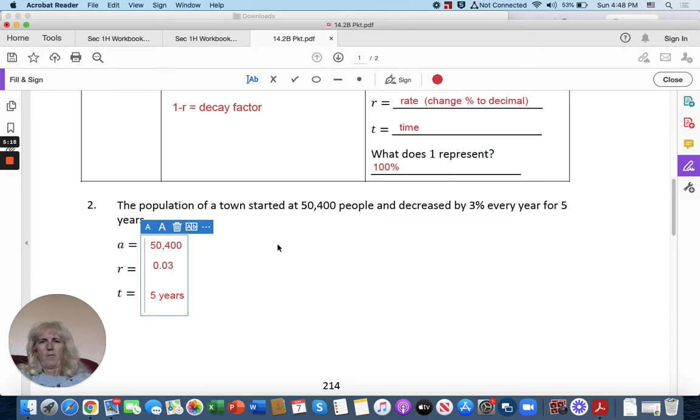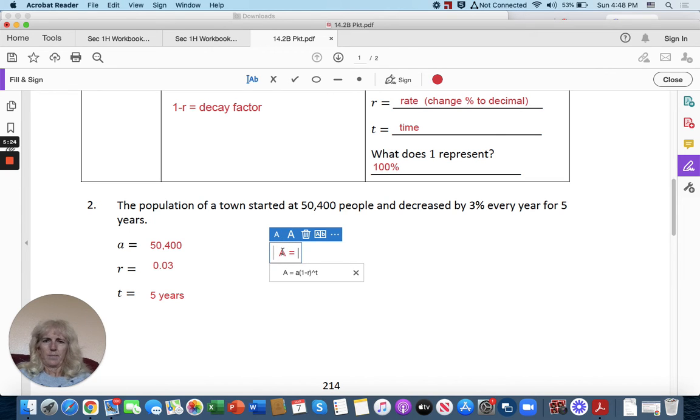So if we put that into our formula, we'll say the total amount will equal 50,400 times 1 minus 0.03. And again, there should be a 0 in front. And then it's raised to the power of 5 for 5 years.